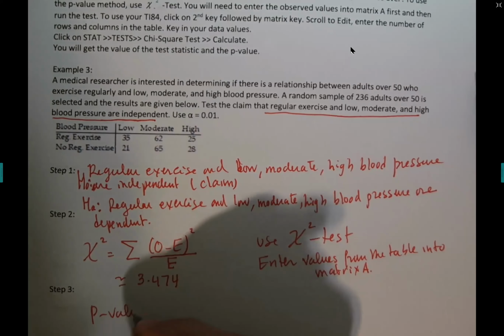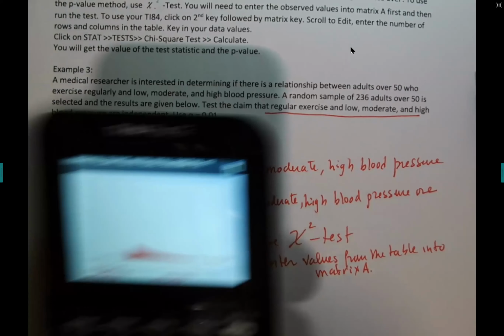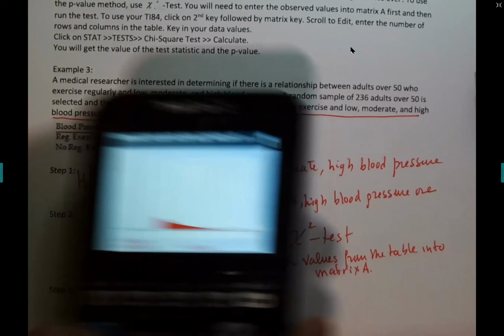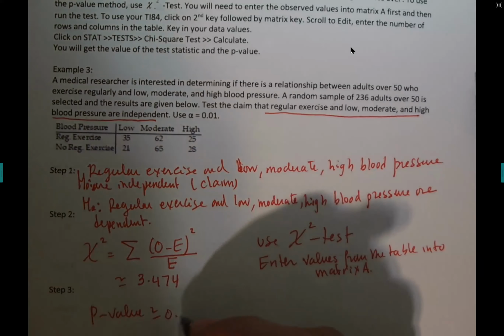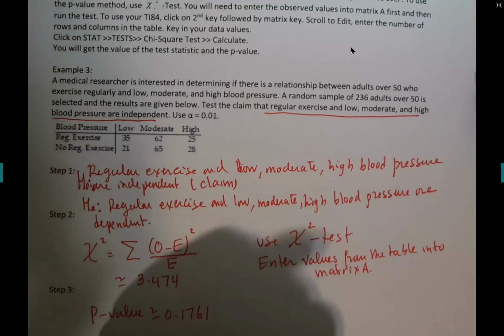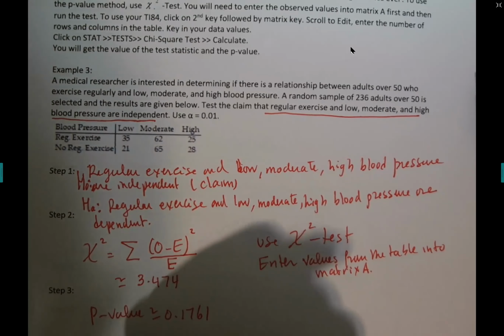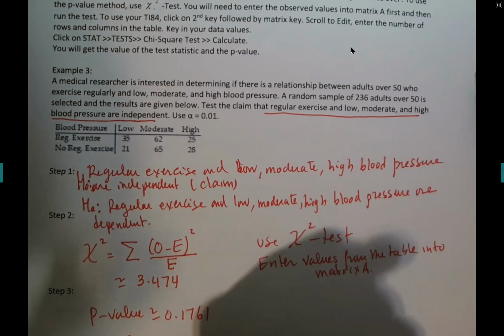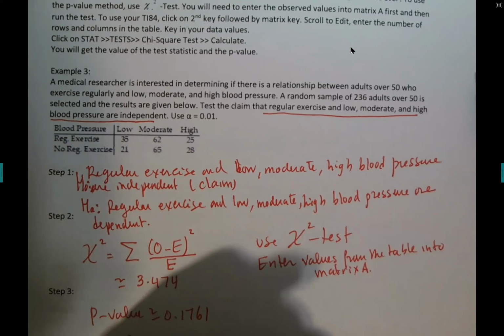P-value. P-value is the area to the right of the test statistic. So it's 0.1761, which is huge. P-value is more than alpha, guys. Alpha is 0.01. So we fail to reject H0.